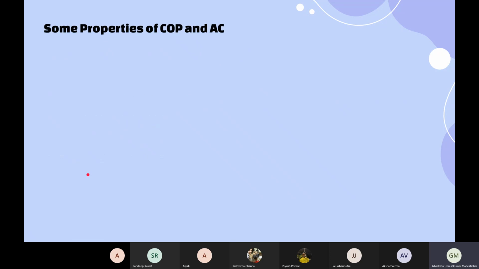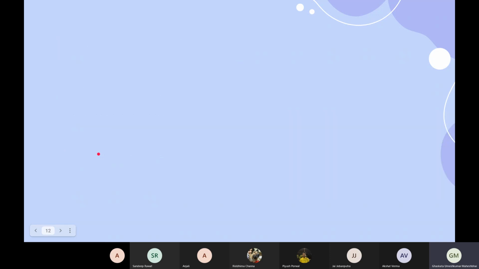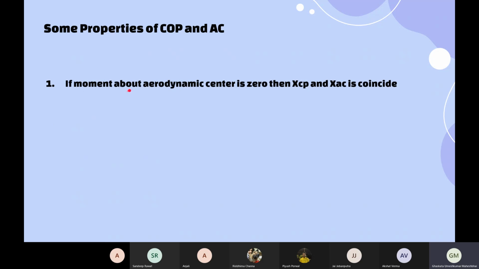Let's see some properties of the center of pressure and aerodynamic center. The first property: in this equation, if we put the moment about the aerodynamic center as 0, then we get xcp equal to xac, so these two points coincide.